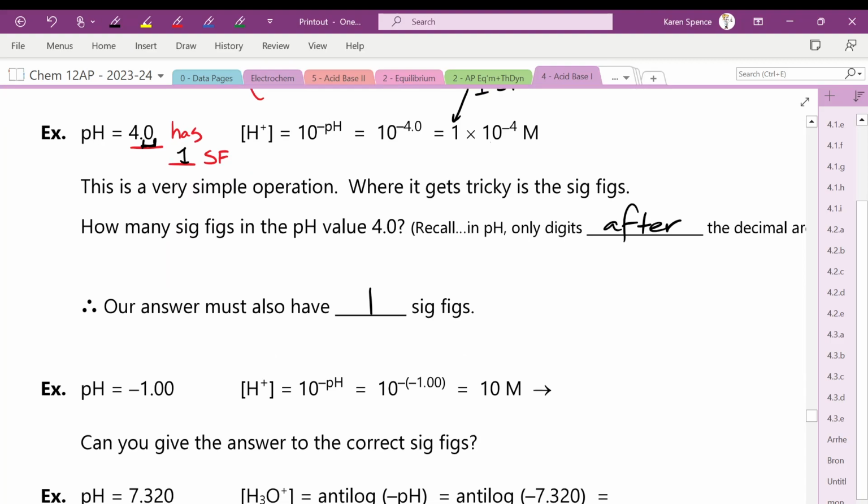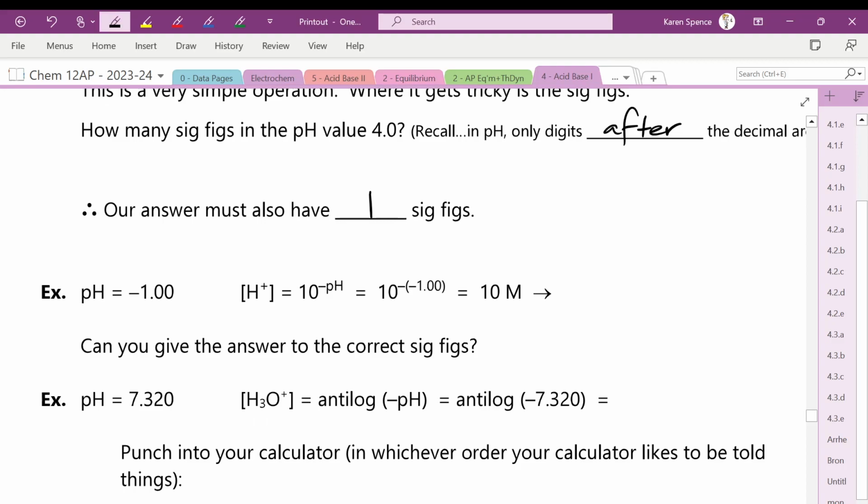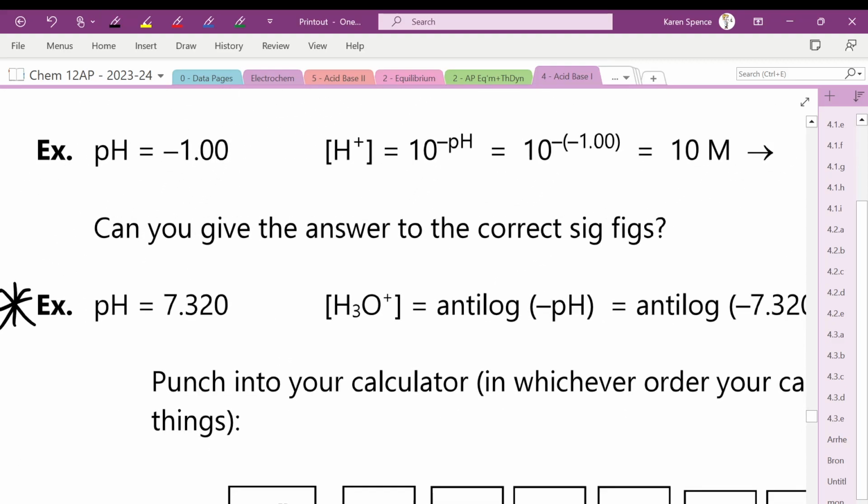I don't want to do the next one. Let's do this one here with the star. Okay. If the pH is 7.320, then hydronium ion concentration is the antilog, in other words, 10 to the negative pH.